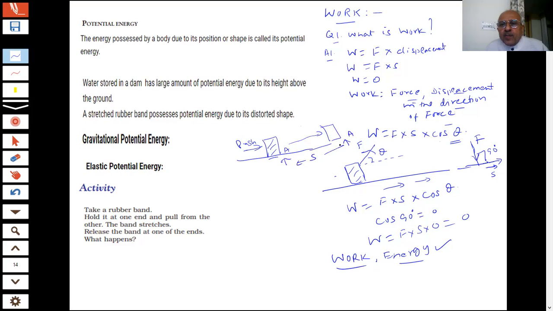This is the distance moved in the direction of the push. But the person who is pushing it, who is applying the force? It could be a trolley, it could be a man, then they must possess energy, students, to do this work. Therefore, the energy was supplied and then this energy gets stored in the object, students. Now, when energy is stored in the object, that means it can do the work.